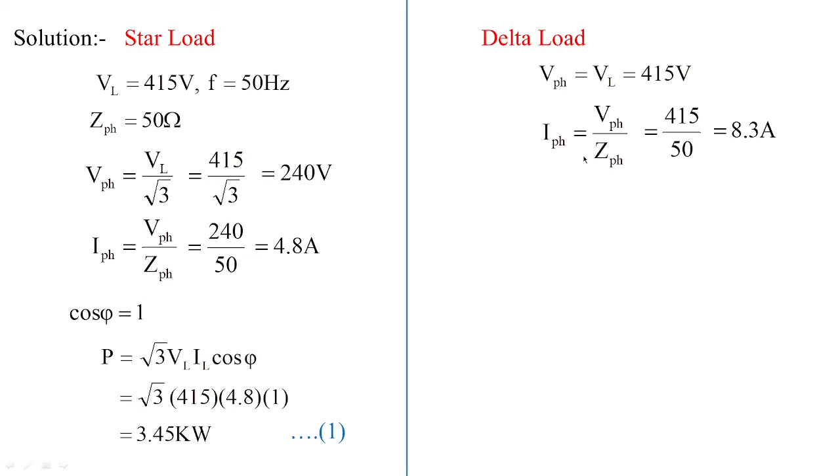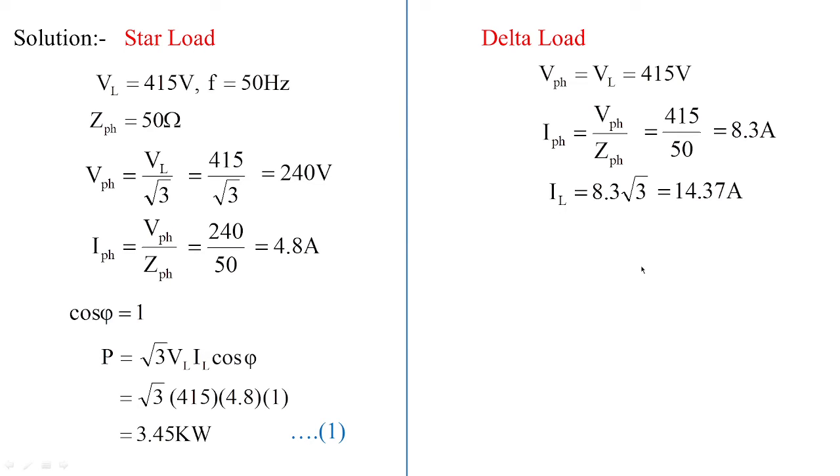We require the line current because in a delta network, line current and phase current are not the same. So line current would be equivalent to 8.3 times root 3, which is the relationship between phase and line current. So the line current would be 14.37 amperes.